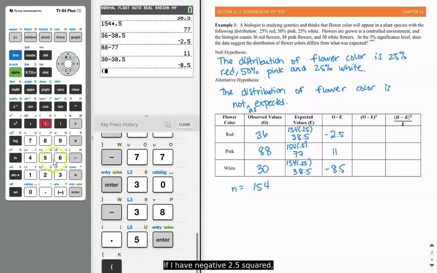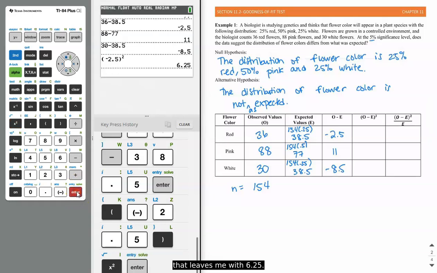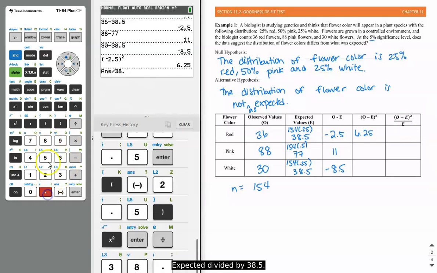So if I have negative 2.5 squared, that leaves me with 6.25. So I'm just going to go through and do that last column. So 6.25, and then we need to divide it by what's expected. So expected, right, divided by 38.5.